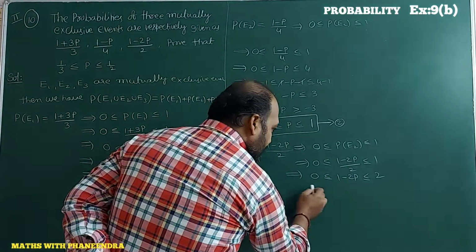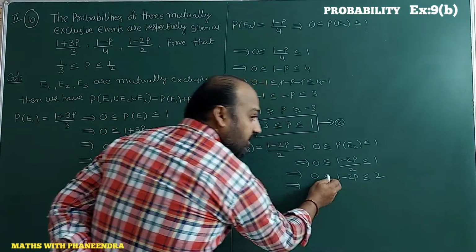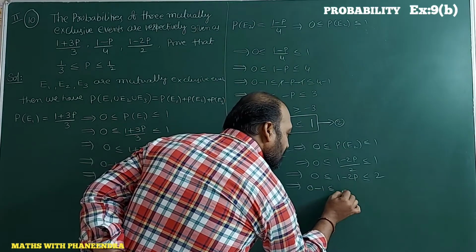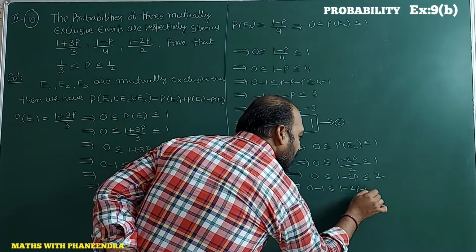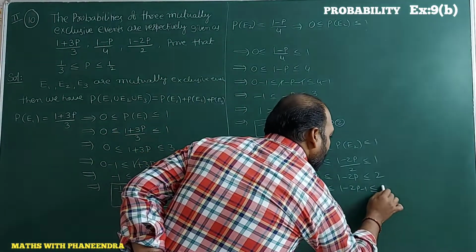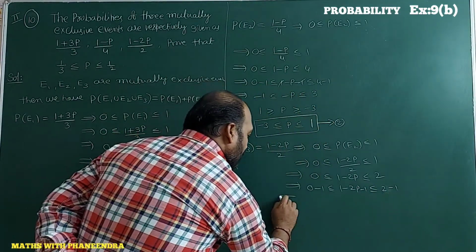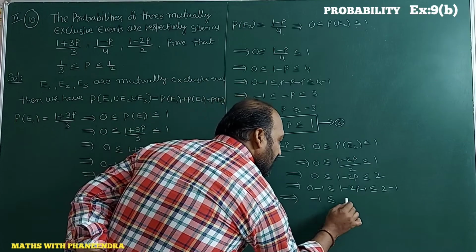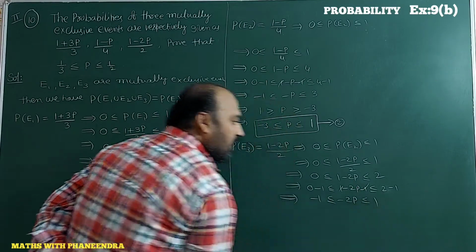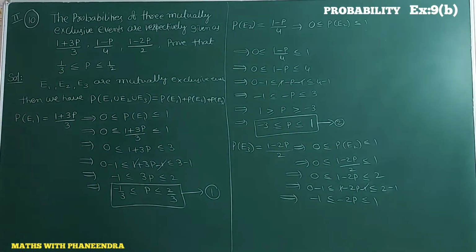After that, here I don't want to get 1, so subtracting 1: 0 minus 1 is less than or equal to 1 minus 2p minus 1 is less than or equal to 2 minus 1. So that implies minus 1 is less than or equal to minus 2p is less than or equal to 1.